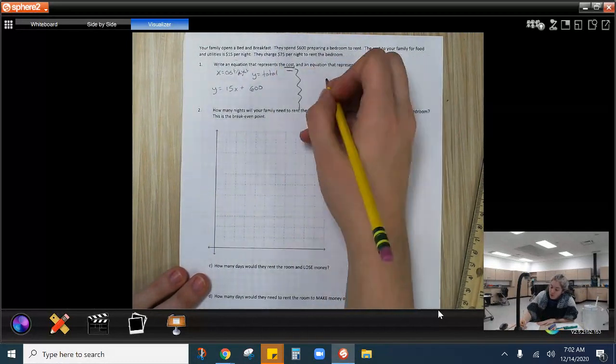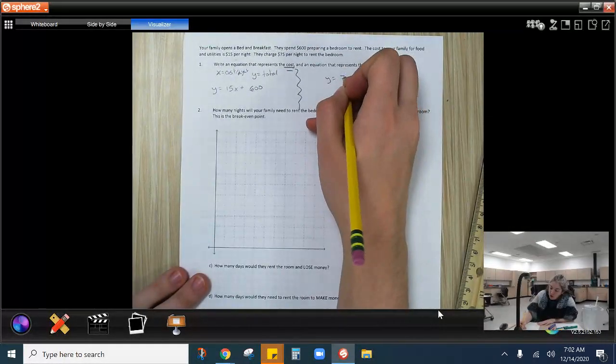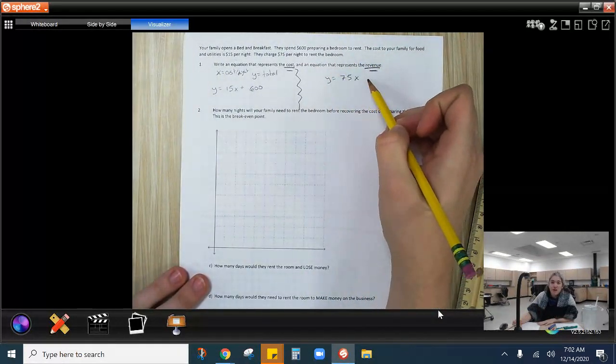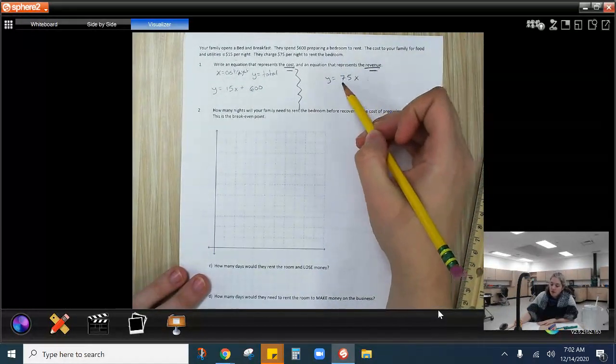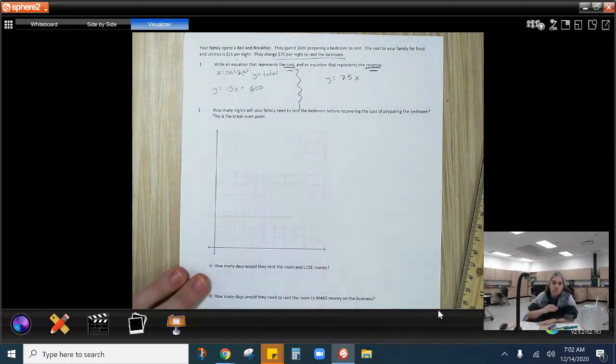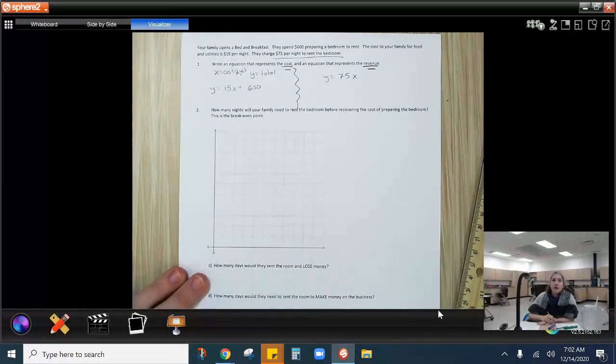So the revenue that we're making, well, however much we make is based upon earning $75 per night, right? Some places will also do like another charge, like you have to put $5 down or something like that too. So you get 75 per night plus something, but this one is very straightforward. Like this is how much you earn. That's it.